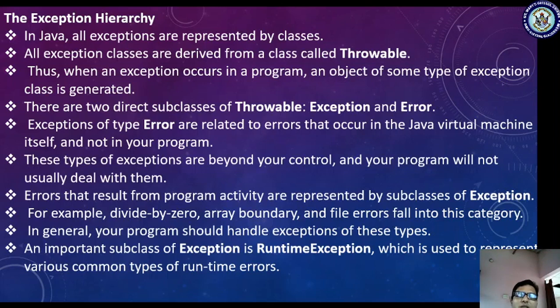An important subclass of Exception is RuntimeException, which is used to represent various common types of runtime errors in your program, not errors in the software. Error here means the mistakes.